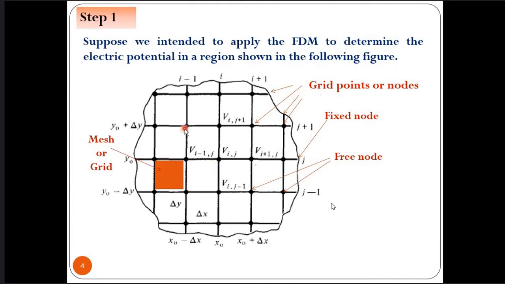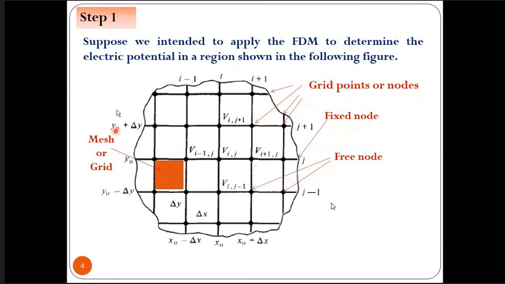The crossover points are called nodes or grid points. The grid points within the solution region where the potential is unknown to us are called free nodes. However, the nodes that lie on the solution boundary, where the potential is known to us, are called fixed nodes.